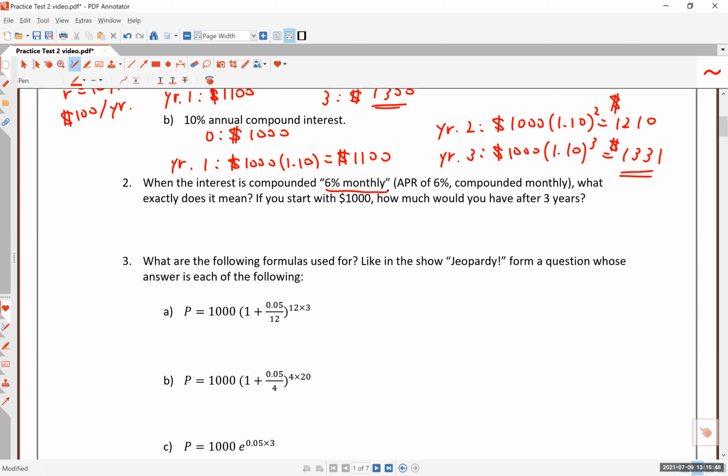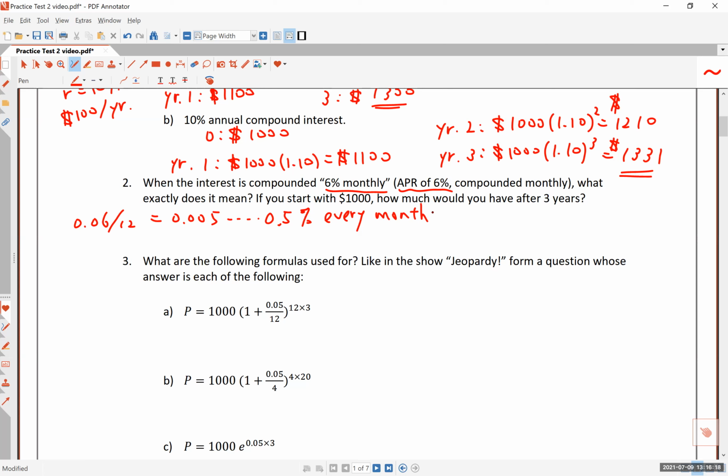Number 2, when the interest is compounded at 6% monthly, they don't really mean 6% every month, obviously, right? When they say the APR is 6% compounded monthly, what exactly does it mean? All right, so the APR is 0.06, but it's monthly, so you divide by 12. And of course, this means 0.5%, in other words, 0.5% every month. If you multiply 0.5% by 12 months, of course, it becomes 6% for the annual rate.